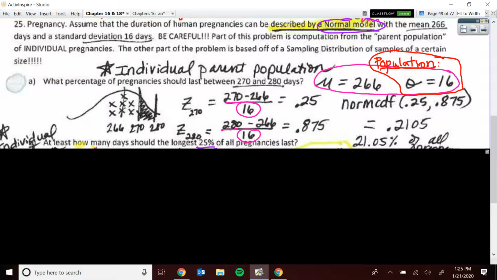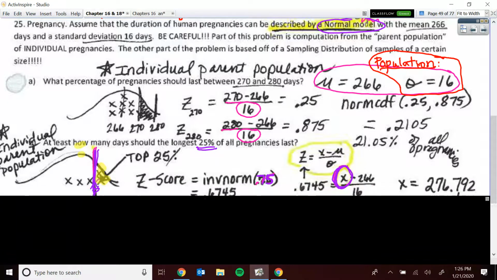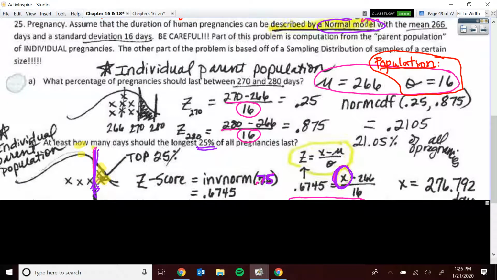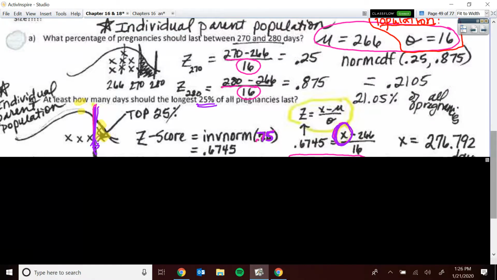No, it does not, because percent is not the z. You use percent to get the z. And when I use the percent to get the z, use area below as the percent. So inverse norm of 0.75. It's 0.67, and then solve for x of 276.79 days. Those two problems are straight from stuff from October. Regular old normal model. Good old chapter 6.